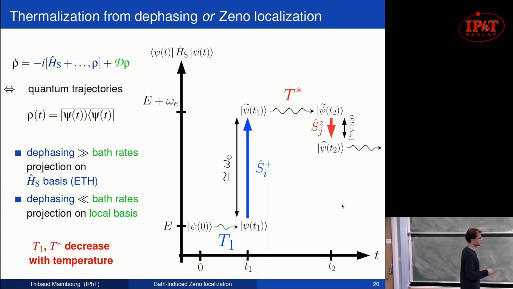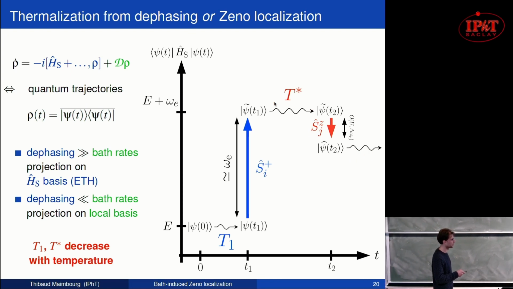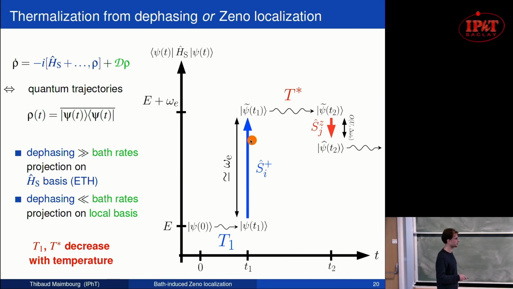So you get the impact of those jump operators from time to time, and then dephasing. So you can really see the quantum evolution in this way. And the time between two projections is given by the typical time that you affect to these quantum jumps. So here it was, for example, T1 for a spin flip, or T star for a Z transition.